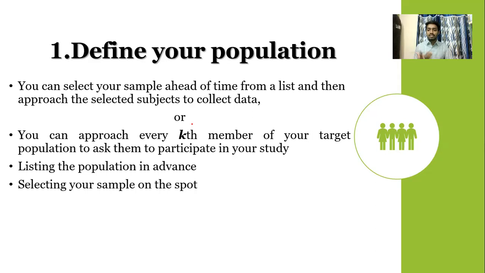First, you keep your regular interval ready, and you question the targeted audience. You can approach every kth, that is every nth member of your target population, to participate in your study.